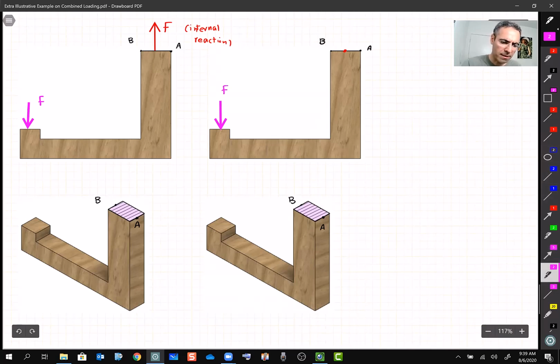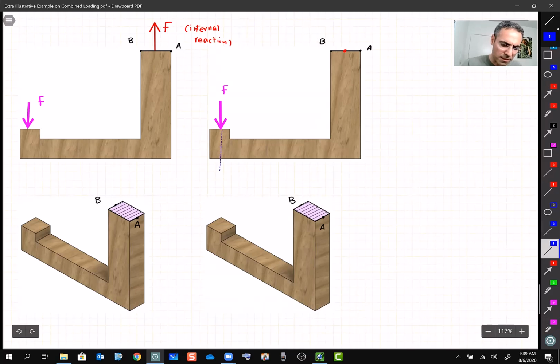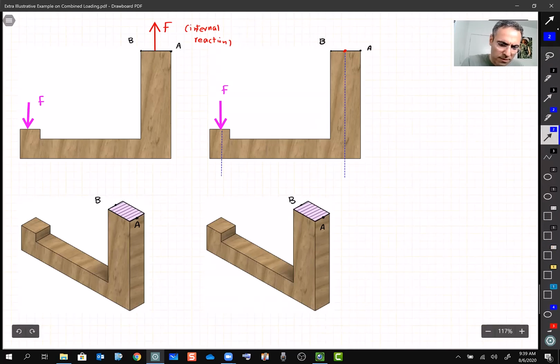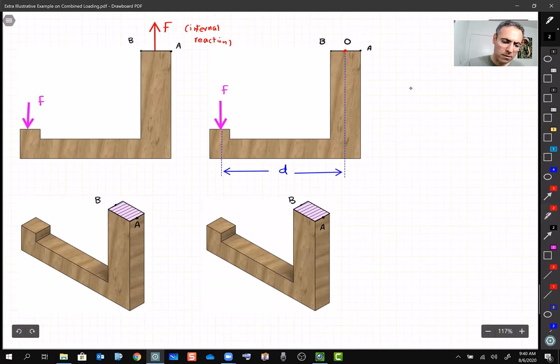This is F. And let's say this distance, from here to here, is D. This load F tries to create a moment about this point O, in the middle between A and B. And this moment we know has to be counterclockwise, all right? So we try to rotate everything like that.